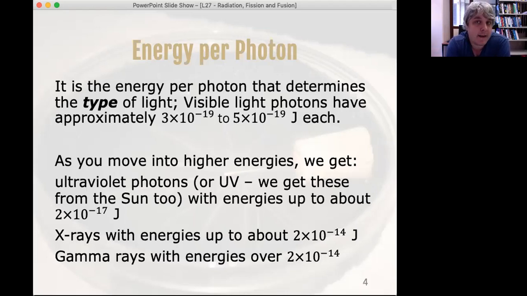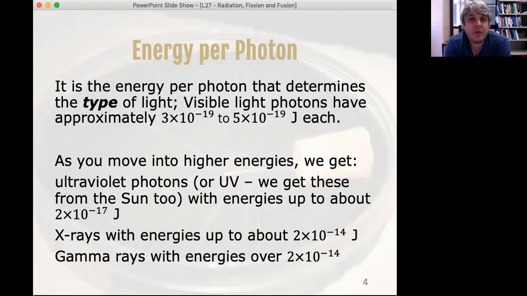As you move into higher energy, so you pack more energy into that one little photon, then you get into ultraviolet. Ultraviolet, ultra being above violet, so more energy than violet. That's all UV means. They do come from the sun as well, but we get them from other sources as well.